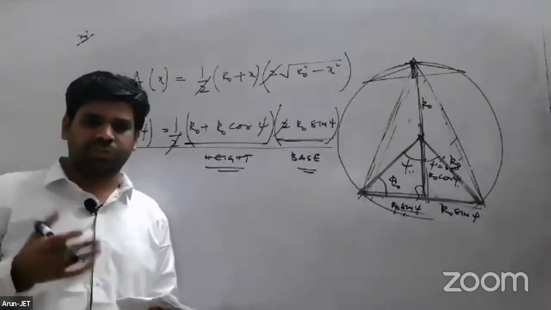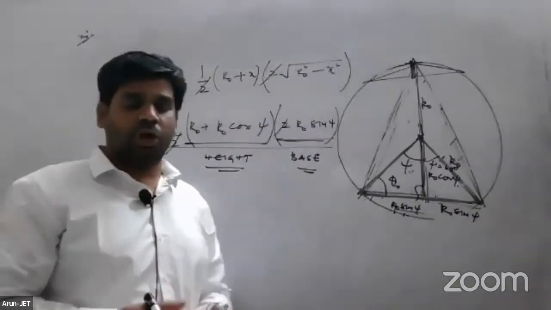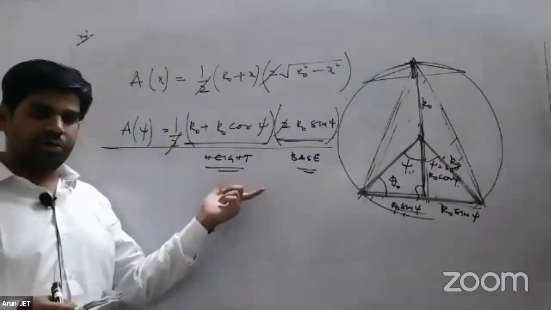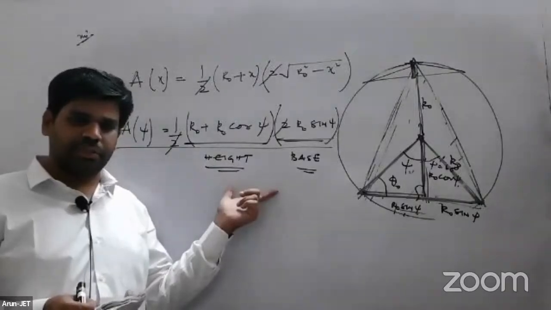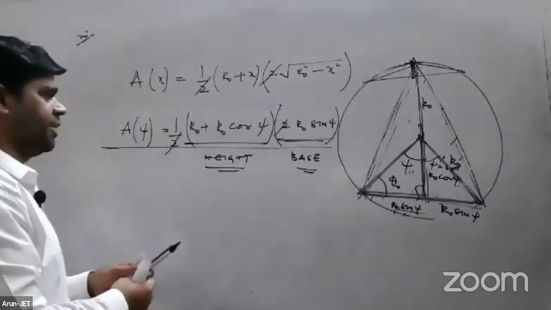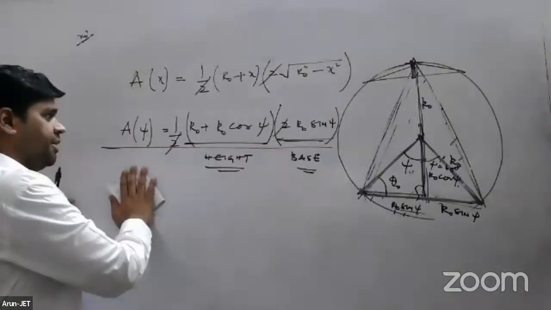But what is surprising me is you haven't differentiated it. How could you do it without differentiation? Or you might have found the maximum value using trigonometric functions. Yes, sir. That's even better. I used only trigonometric functions like cos square theta plus sin square theta equals 1, and I simplified the equations. Okay, great. That is also correct.